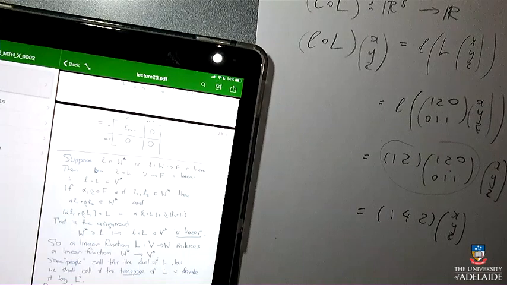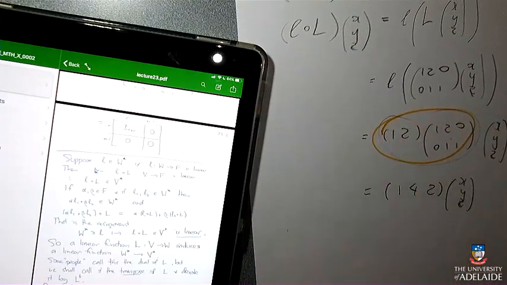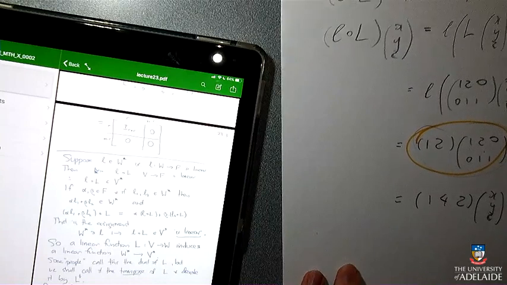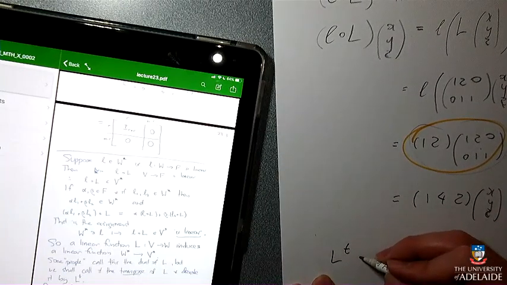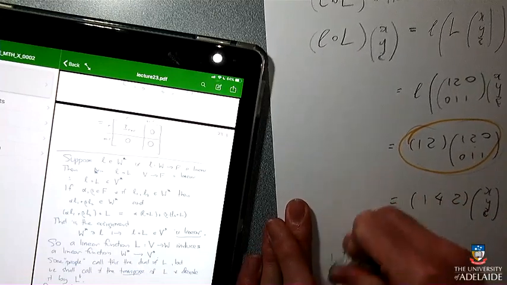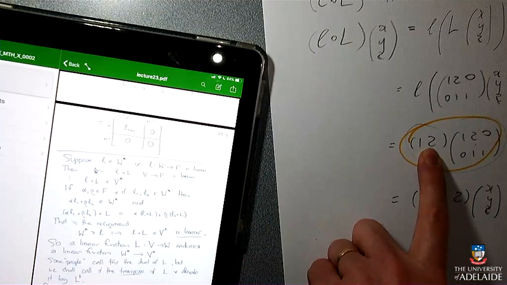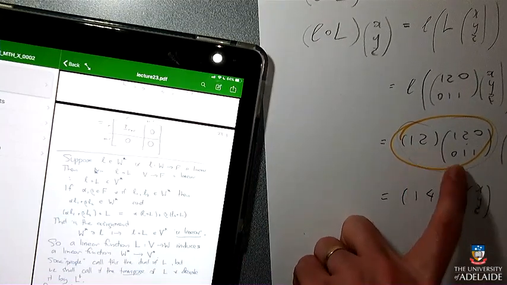Okay, and this is the key bit here. To figure out what L transpose does, if little l was represented by 1, 2, then to get what L transpose did to 1, 2, I had to multiply it by L on the right-hand side.